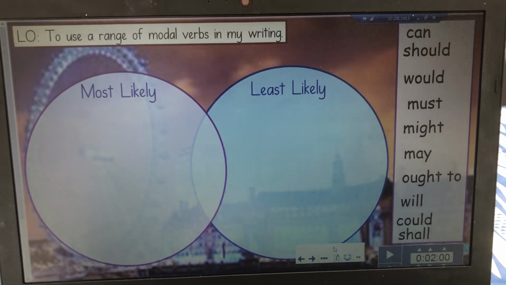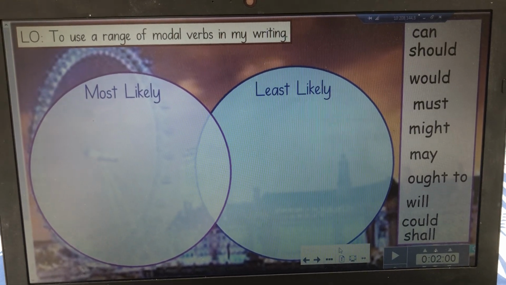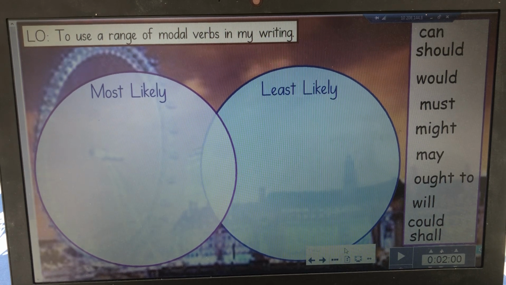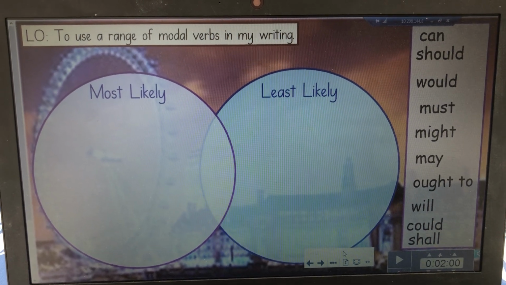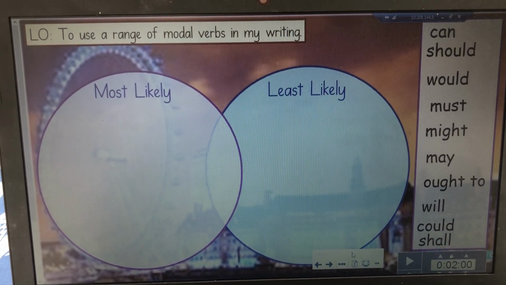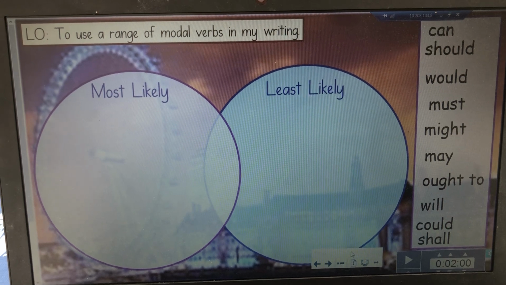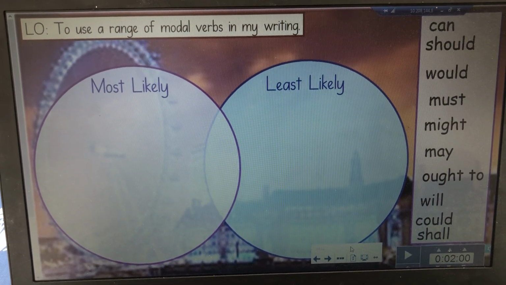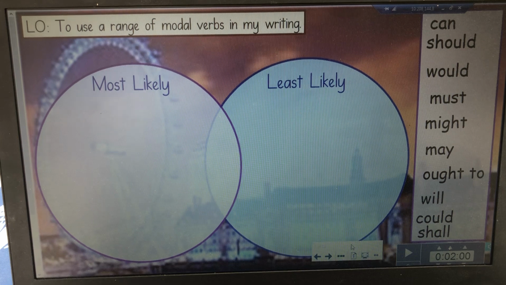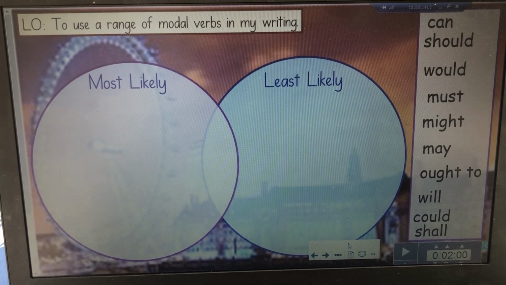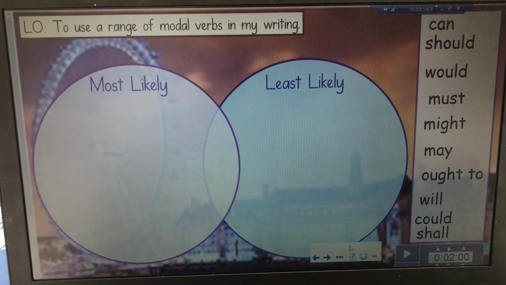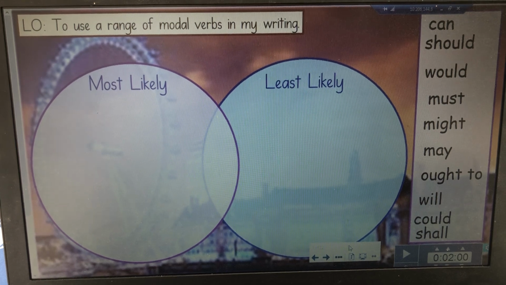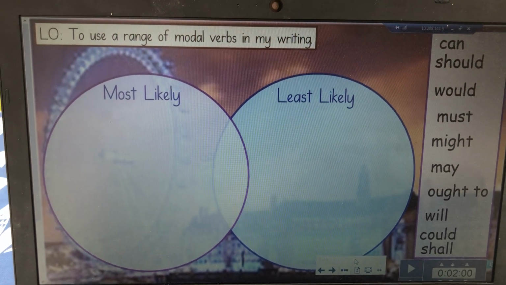And then have a go, and I've put 2 minutes on the clock for this. If you pause the video and have a look at the words on the right hand side of the screen, the modal verbs, try and decide where they're going to go in the Venn diagram. Which ones indicate that it is most likely to happen and which ones indicate that it is least likely to happen. Okay, off you go.